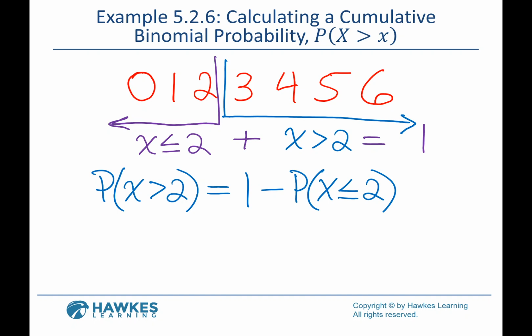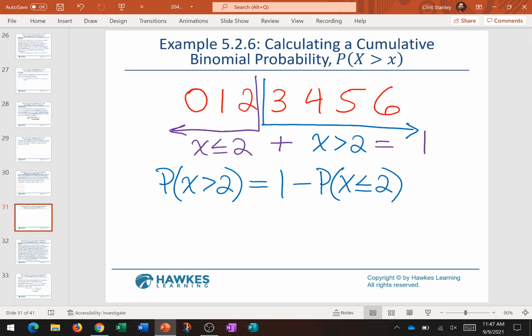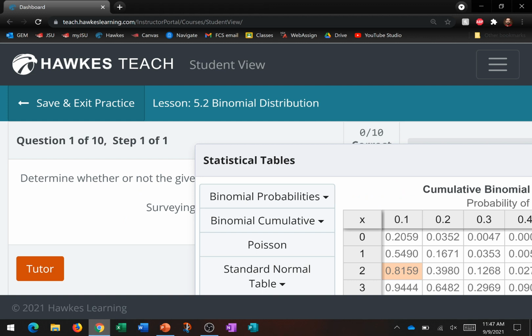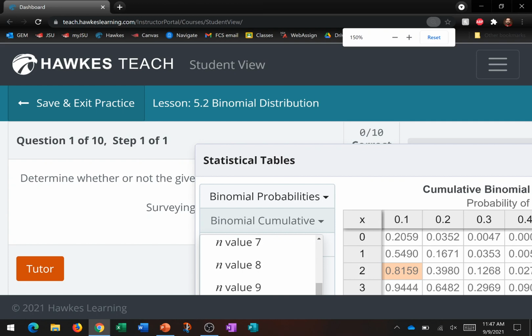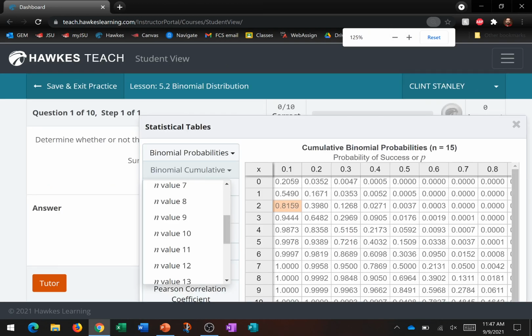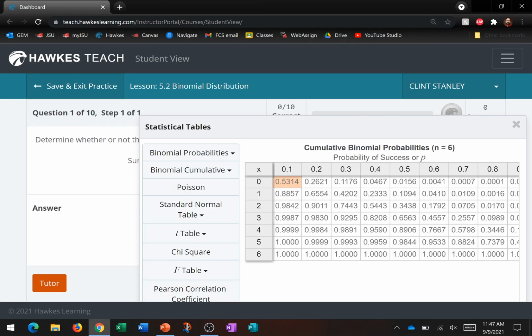Okay, so we can go to our table, have an N of 6, p was 0.5, and we're going to look up 2. So we'll go to our table here, on the cumulative table, because we're dealing with a range of values, N of 6, p is 0.5, and we look up 2.